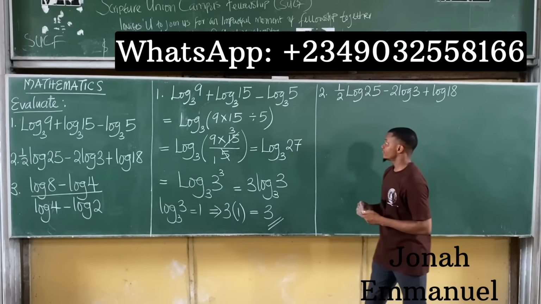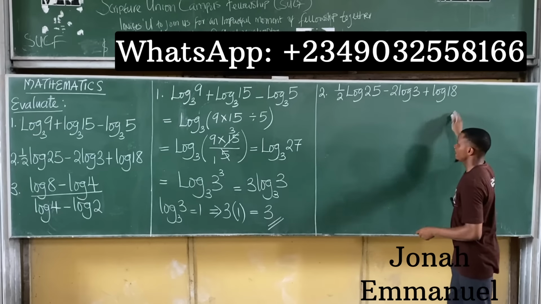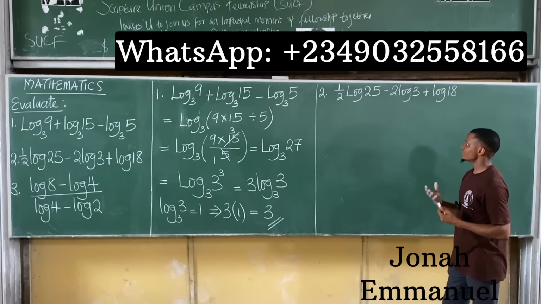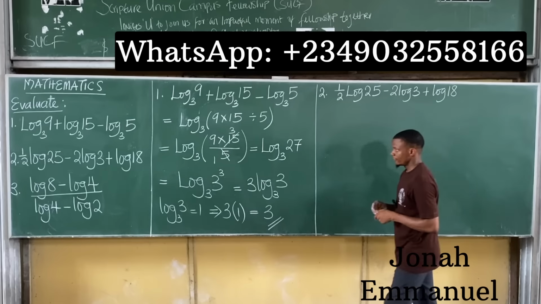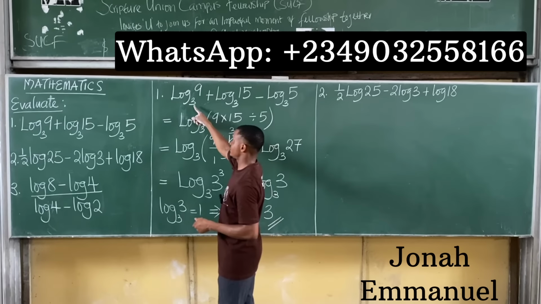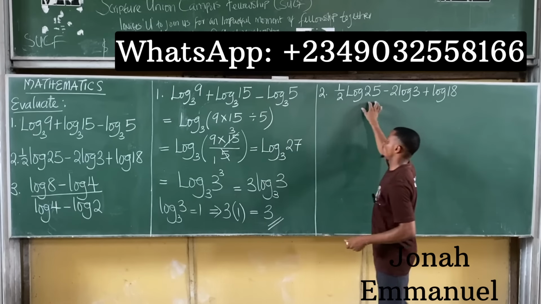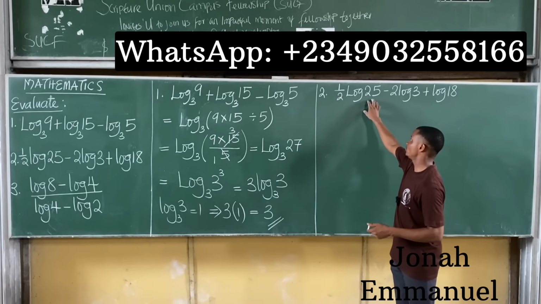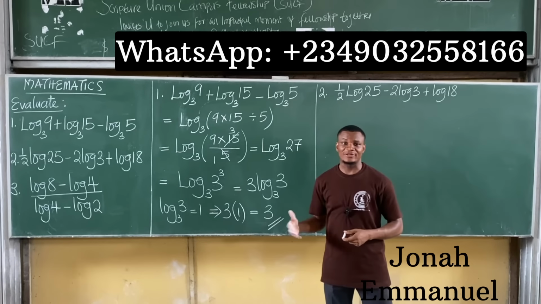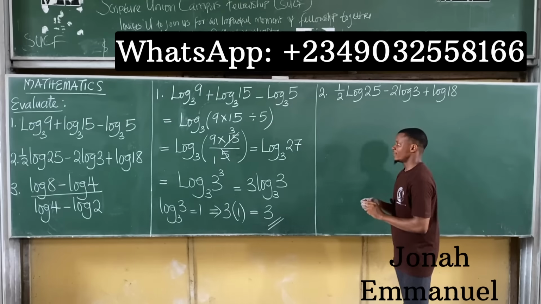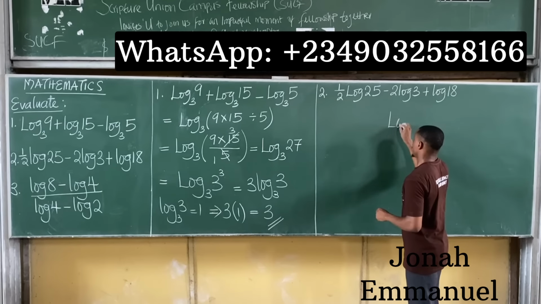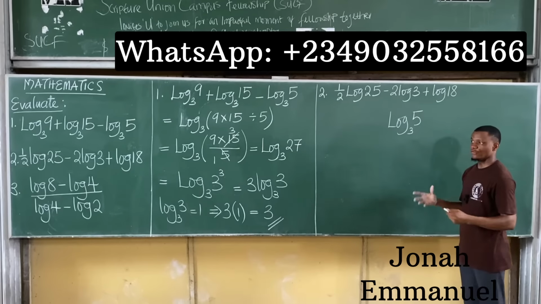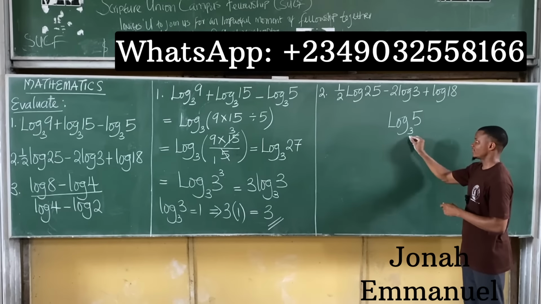So how do we solve this? For this one here, the first task would be, what is my base? For this question, we can say that the base is 3. Now note that this is called the log of a number to base 10. If I have log 5 base 3, it is obvious that the base is 3.